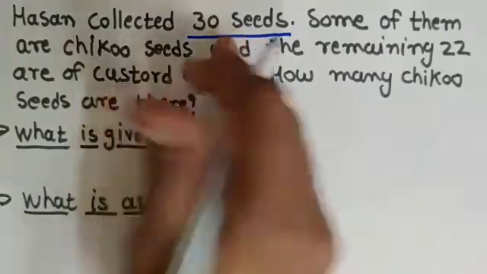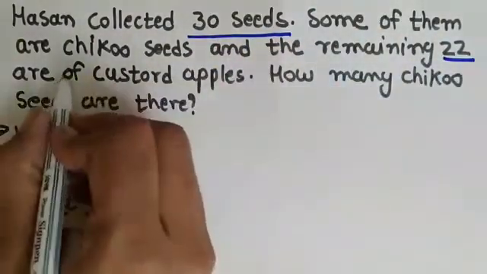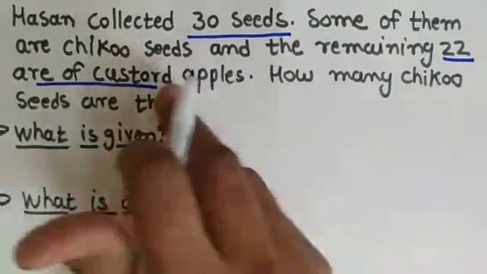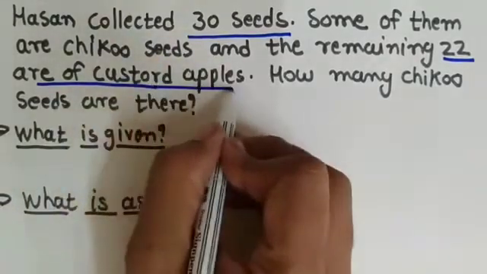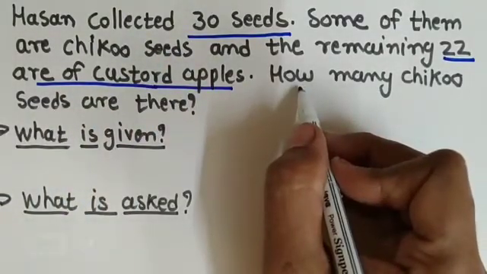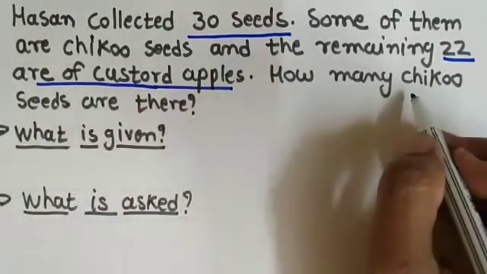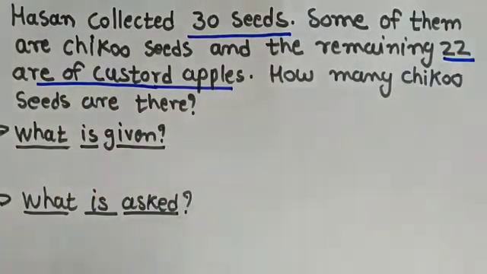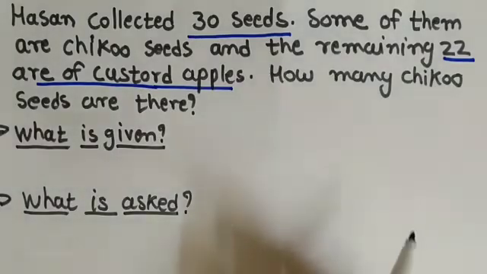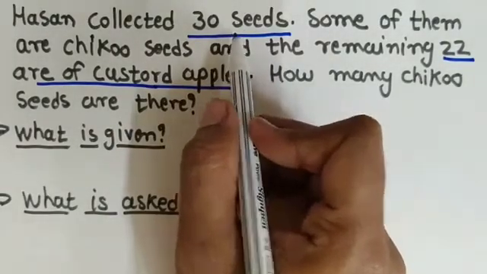Means from 30 seeds we have some chiku seeds and some custard apple seeds. Then what they asked? How many chiku seeds are there? They asked to find out how many chiku seeds are included in this 30 seeds.